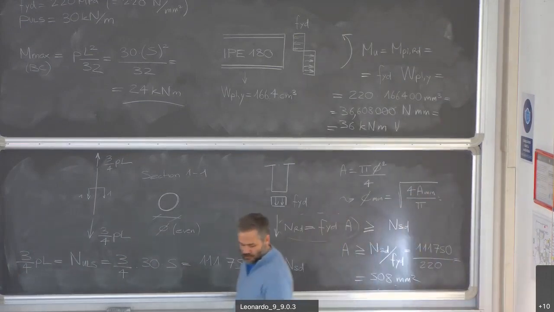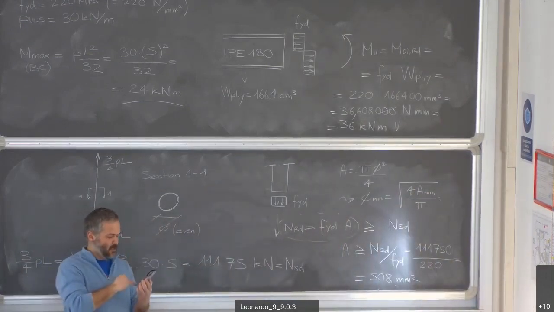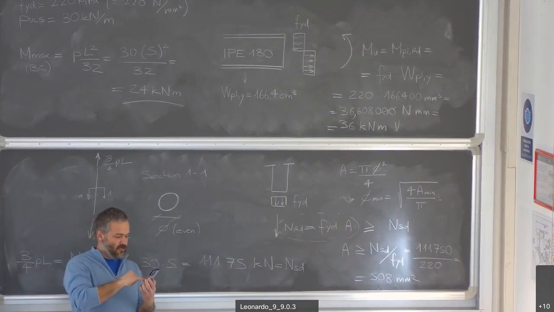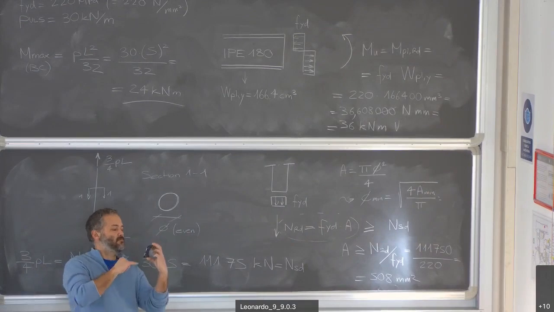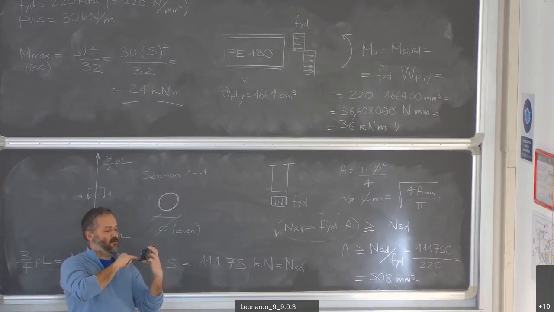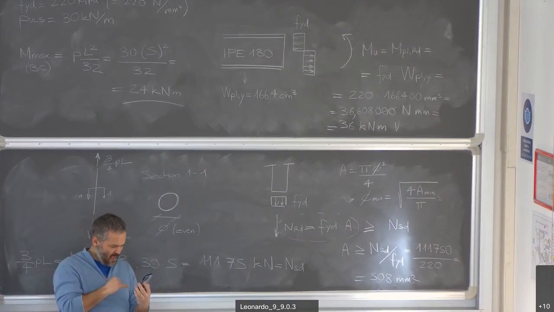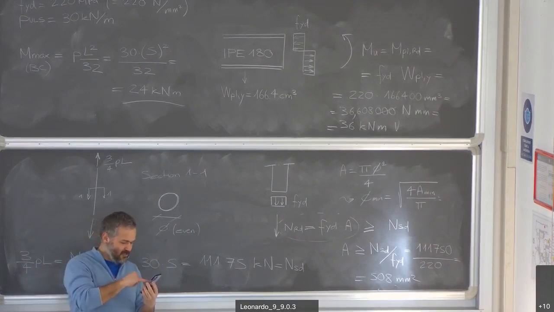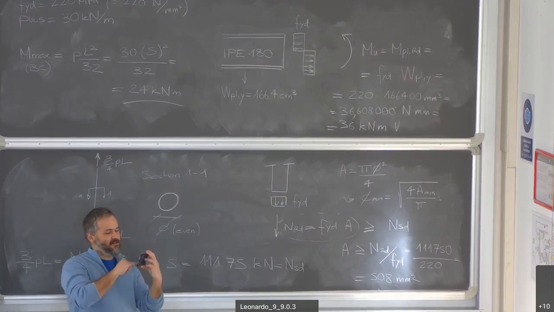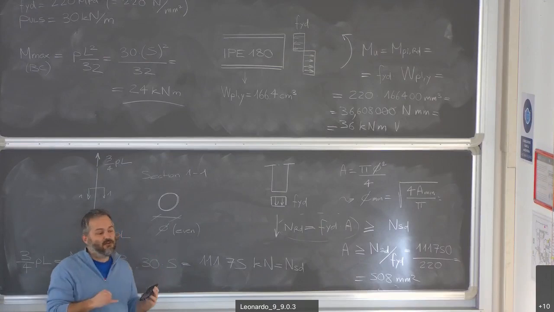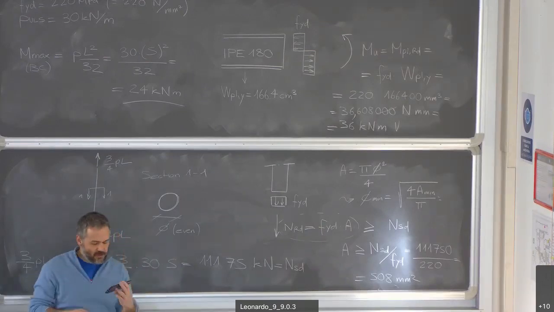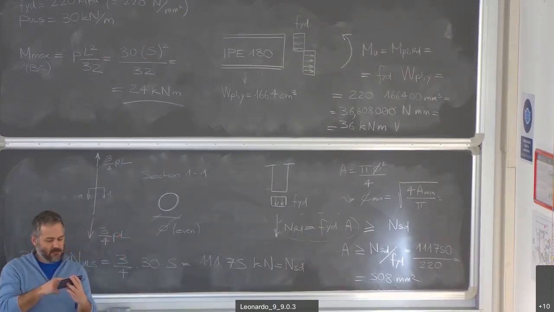Let's do the calculation. So it's 4 times 508 divided by π. 646 is the number under the square root, so I will now take the square root.